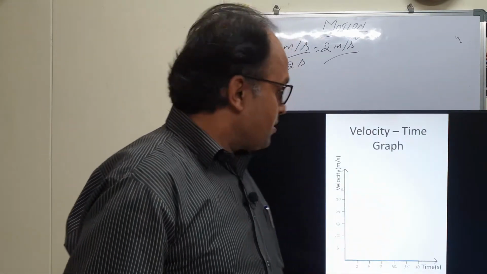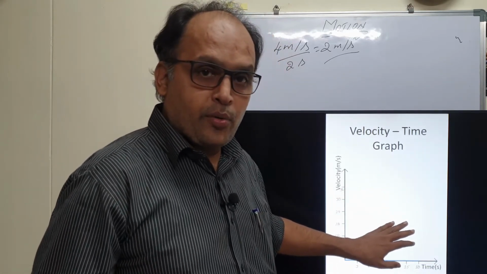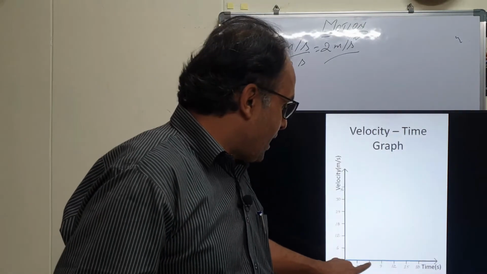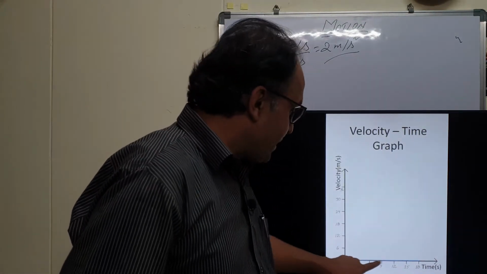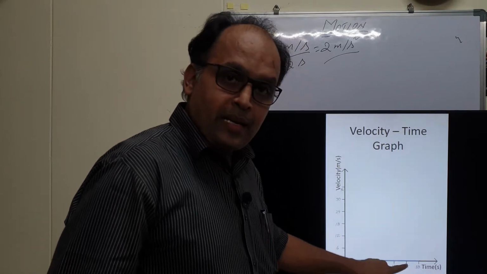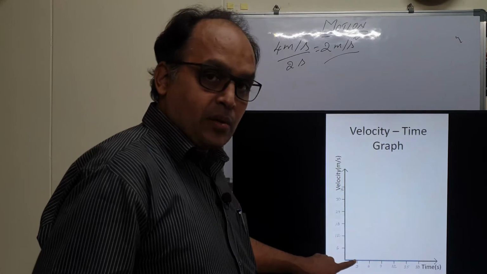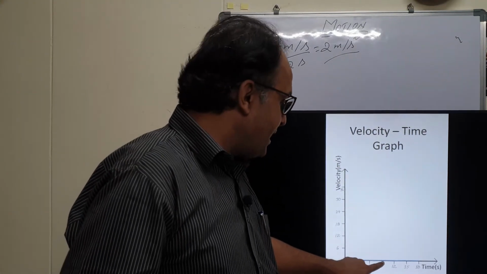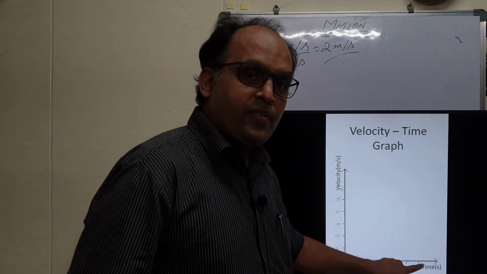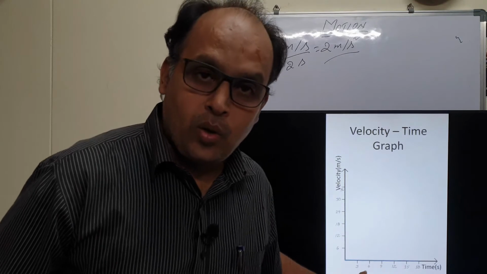Now you'll be surprised that there's no curve here. But if you observe carefully, the blue line that you were seeing is over here, right? After 3 seconds, the body's velocity is 0. After 6, it is also 0. After 9, 12, 15, the velocity of the body is 0.